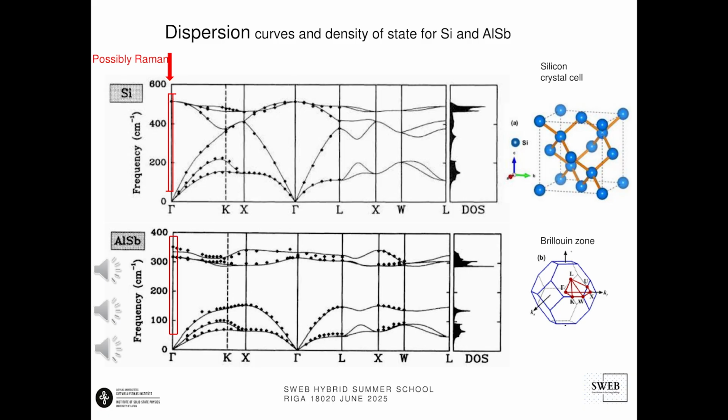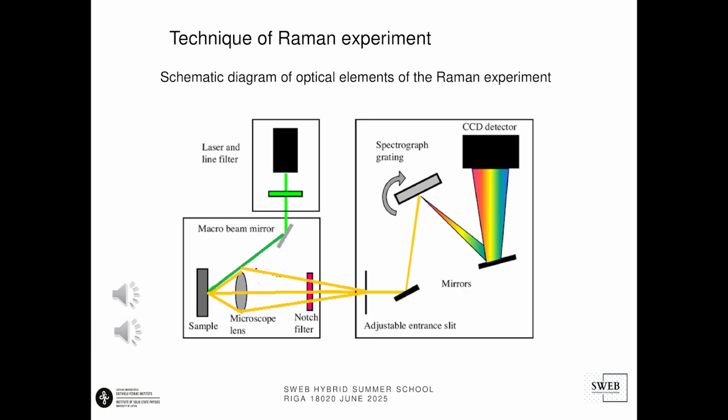Since the frequency of the 3 acoustic vibrations, if k equals 0, are equal to 0, then 3n minus 3 vibrations can be seen in the Raman spectra. For silicon crystal, n equals 2, and the 3 optical vibrations have the same frequencies, so silicon has only 1 Raman band. Now we will continue with the technical setup of the Raman experiment.